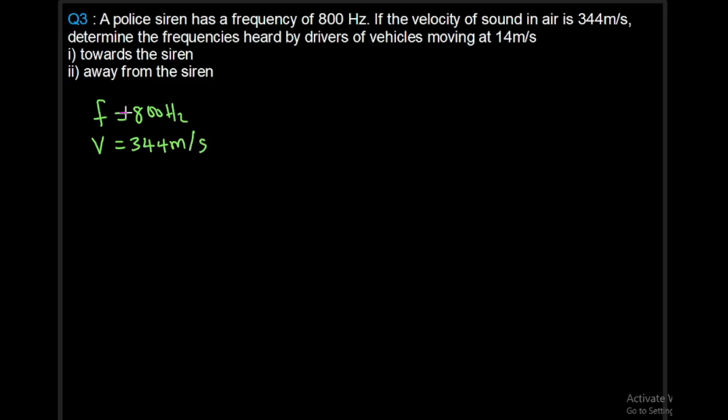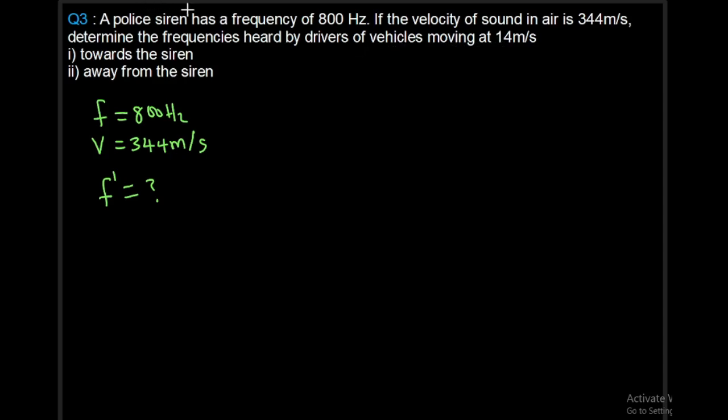They said determine the frequencies heard by drivers of vehicles. So we're looking for the apparent frequency, heard by drivers of vehicles moving at 14 meters per second. Now this 14 meters per second is the velocity of the vehicle. Now the vehicle, is it the observer or the source?